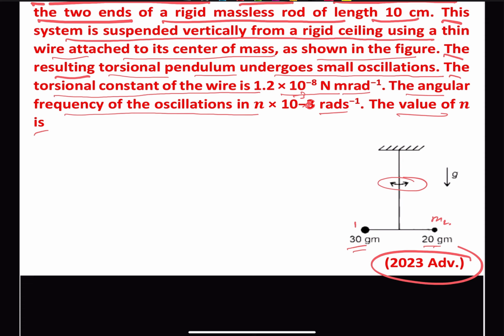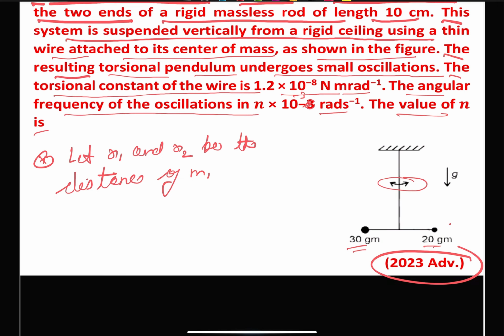Let me write it here: let x1 and x2 be the distance of M1 and M2 from the center of mass along the rod.